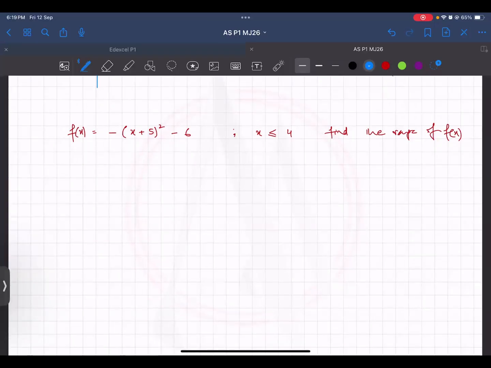Okay, so now for this one, you can see if you sketch it, a is less than 0, negative, right? Minus 1. So the graph would be a sad face. And then what is the turning point? Abhiyan? Minus 5 comma minus 6.